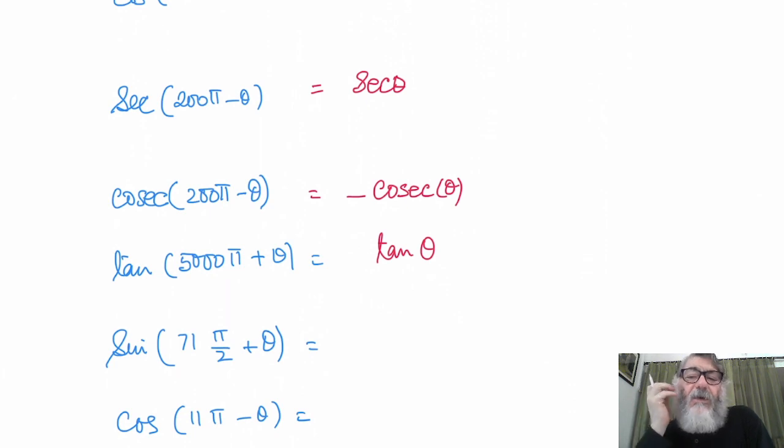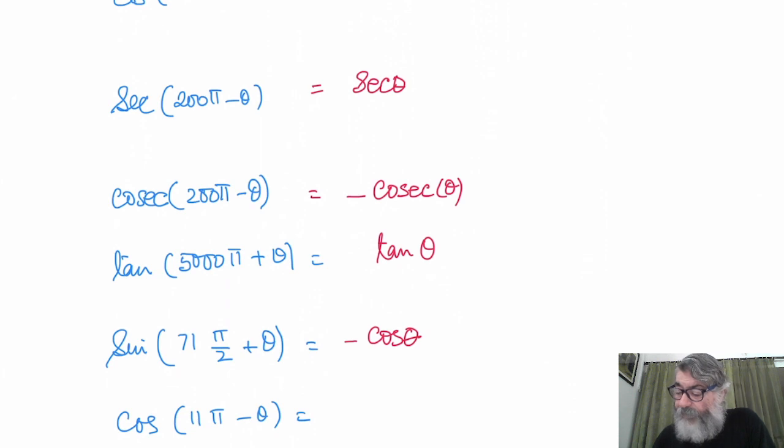That means it will fall along line 4, plus theta will go into the fourth quadrant, and in the fourth quadrant only cos and sec are positive. Sine will change into cos, and it will be minus cos theta because sine is negative in the fourth quadrant.